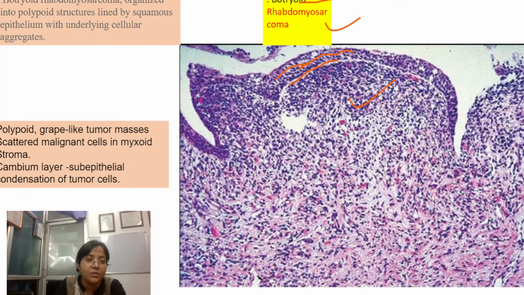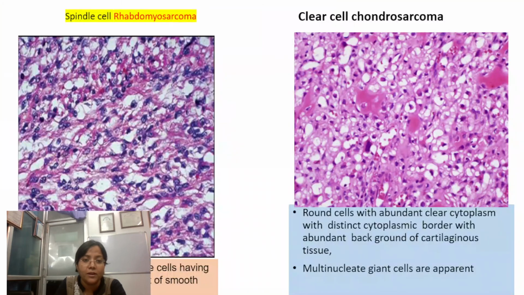Now after botryoid rhabdomyosarcoma, we come to the other variant, spindle cell rhabdomyosarcoma. Here there is nuclear pleomorphism and the cells are spindle shaped, and the cytologic features are reminiscent of smooth muscle tumors.